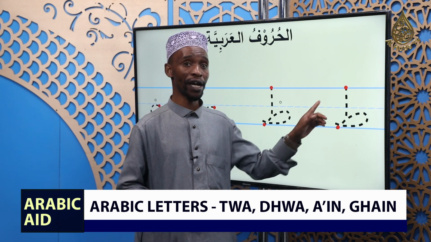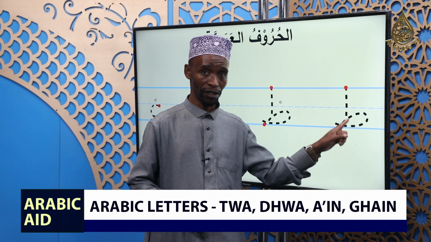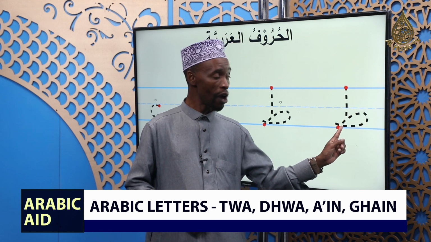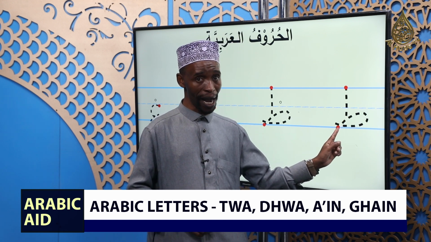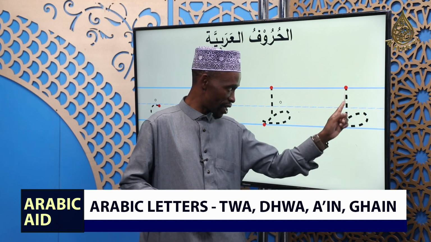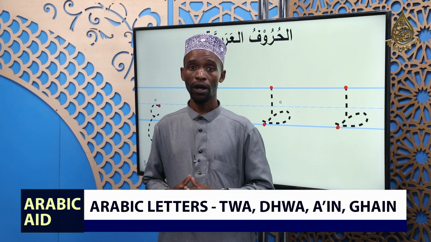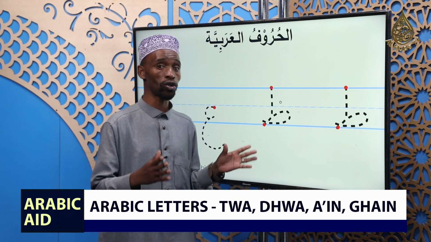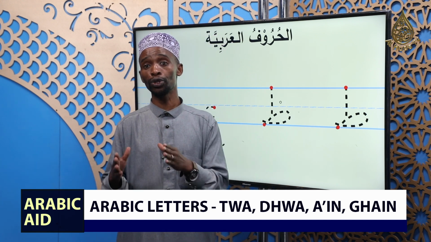You start by writing the shape of the shoe from the red marker, then draw the stick. Dhwa is the same, but with a dot on top of the shoe shape.